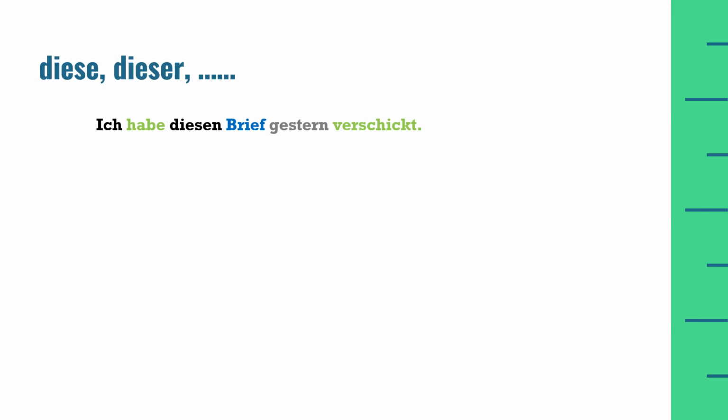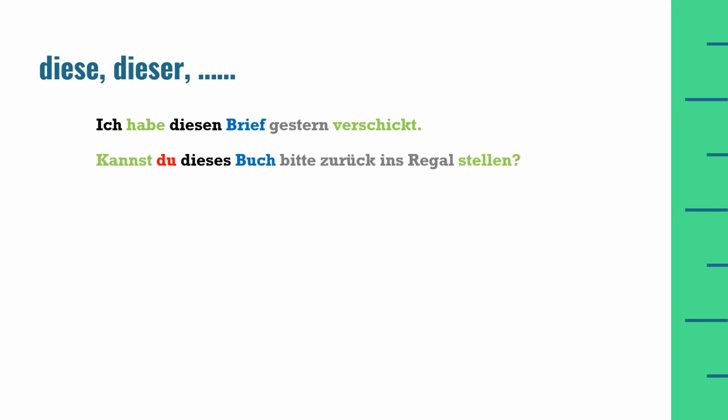Now, in this sentence, we are using Brief in the accusative case because it is being posted. Therefore, we have to apply the rule of accusative, which is that we have to use en at the end of diese. So we will use diesen. Brief is a masculine noun, so we have to apply the corresponding ending.